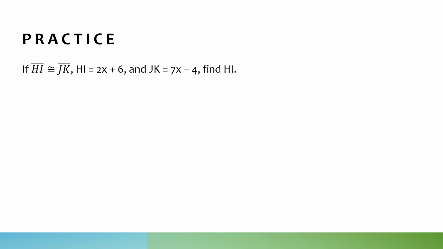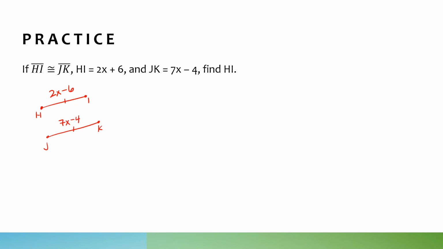Let's just do one last practice question where I have a congruence statement. I am told that HI and JK are congruent segments. I don't know necessarily yet how long they are. Not sure a diagram is super necessary here, but here we go. We are also told the length of HI is equal to 2x minus 6, and the length of JK is equal to 7x minus 4.